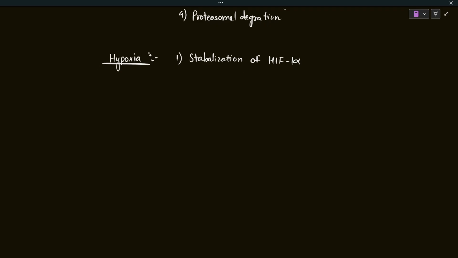During hypoxic condition, the activity of the PHD enzymes, the prolyl hydroxylase enzymes, is inhibited because in low oxygen level they cannot work. As the PHD enzymes cannot hydroxylate HIF-1 alpha, the HIF-1 alpha is stabilized, and due to the stabilization of HIF-1 alpha, it gets accumulated in the cytosol.